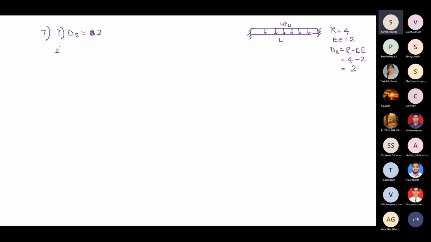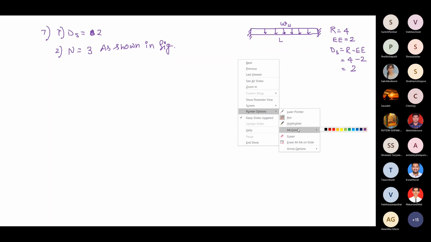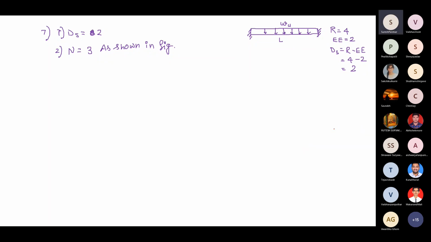Then we have second step, capital N, 3. As shown in figure. कुठं कुठं होतील angels? So 2 at fixed supports.